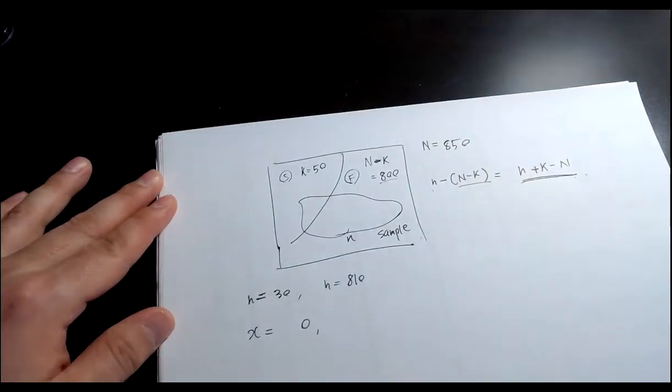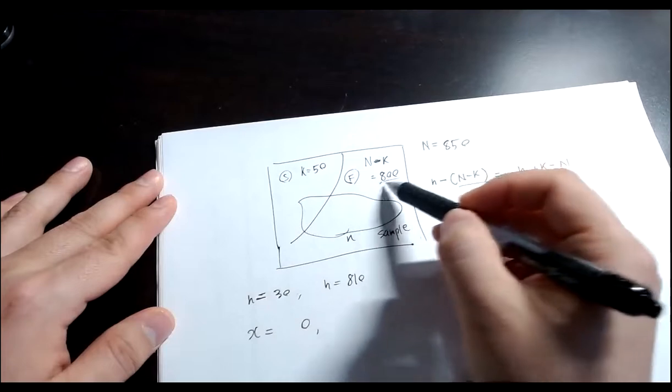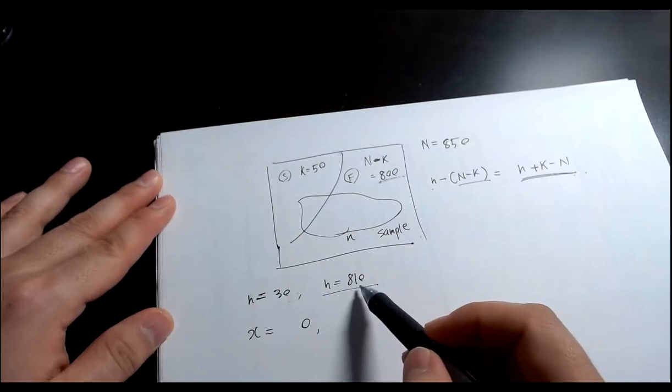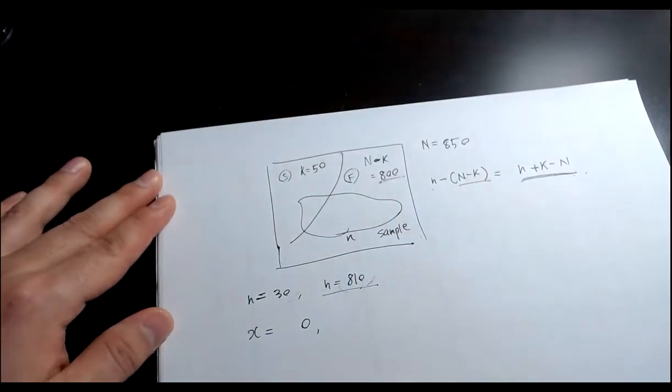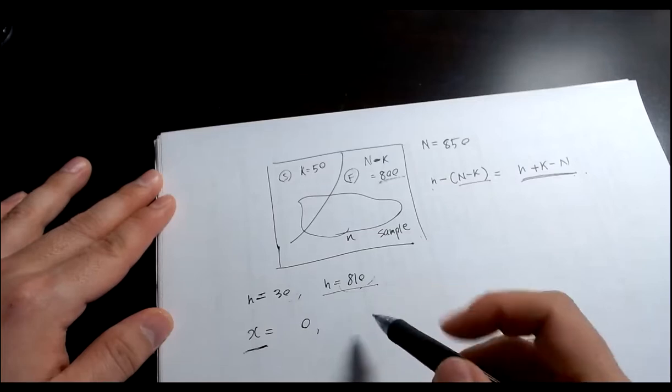Then definitely, since the total number of objects classified as failure is 800 and the sample size is 810, 10 objects out of 810 must be objects classified as successes, right? Then the hypergeometric random variable must start from, I mean, the minimum number of successes is going to be 10, right?